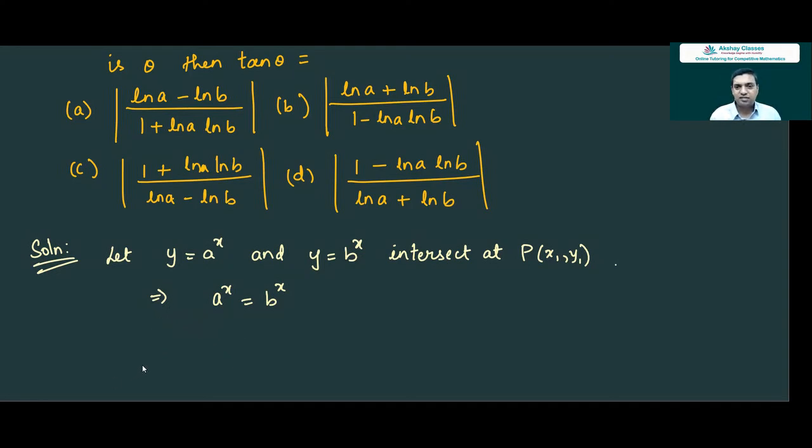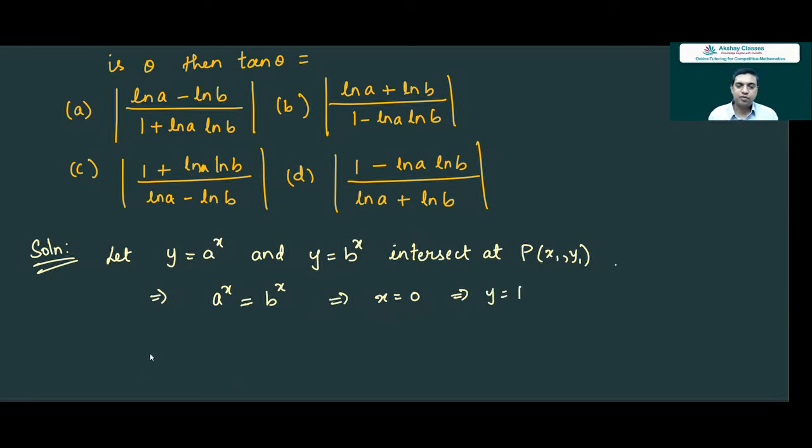Where will they intersect? A power x is equal to b power x. When is it possible? X is equal to 0. Very good. If a and b are two positive and different numbers, this will imply that x equal to 0. So when x equal to 0, you substitute x equal to 0, a power 0 is 1, b power 0 is 1.